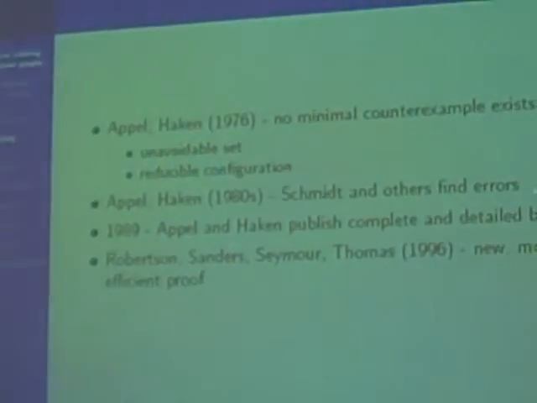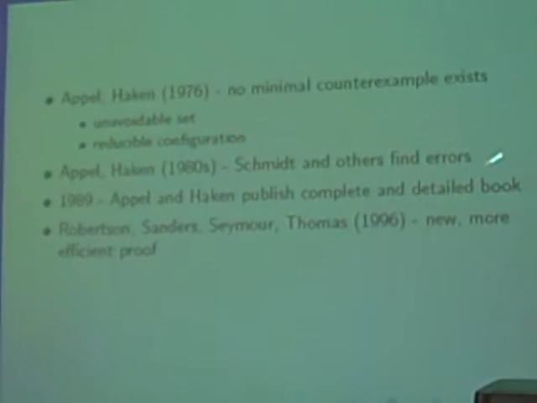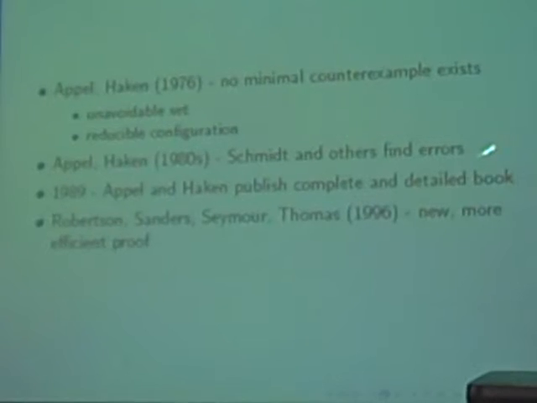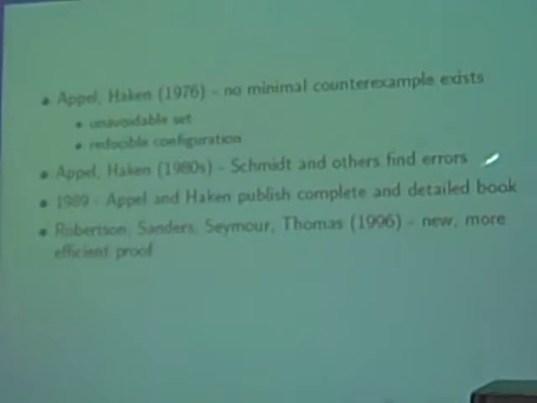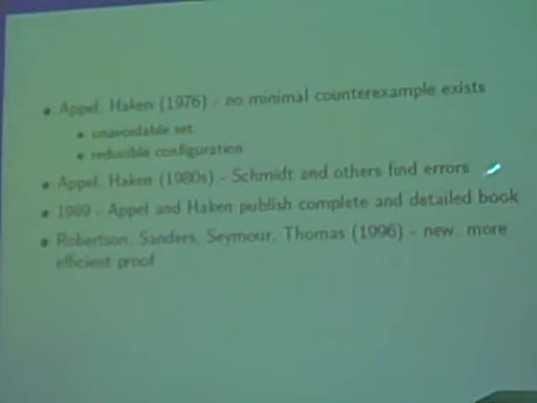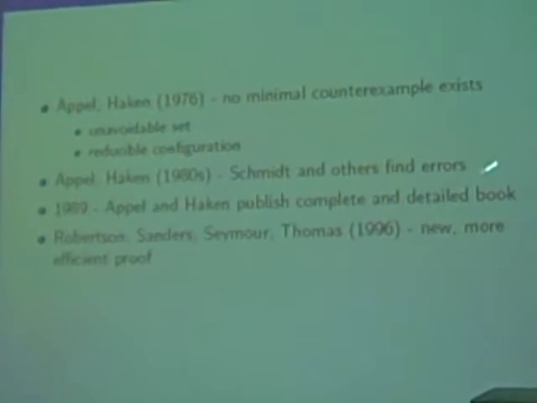And what they did was look at two different main ideas. They came up with an unavoidable set of configurations, subgraphs that would have to be part of the graph if we were unable to color it, and then showed that you ran into them.